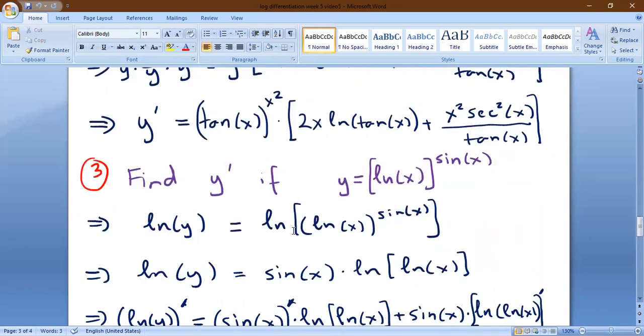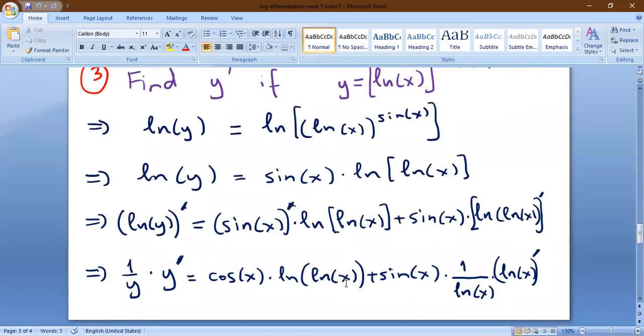Another example. Let's say y is ln of x to the power sine of x. We want to find y prime. First, we take ln of both sides, so that helps us to take the power sine x outside of the ln and multiply. So ln of y equals sine of x times ln of ln x, and then we take the derivative of both sides. On the left, we always have, from the chain rule, 1 over y times y prime.